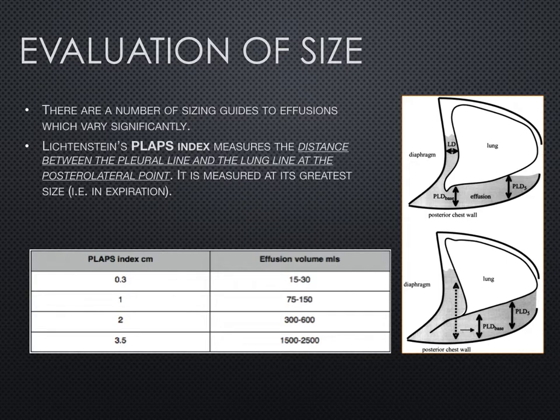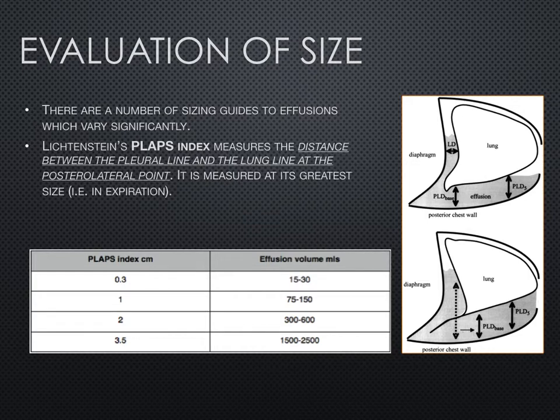whether that is from the diaphragm to the base of the lung that you're seeing, or if that's a larger effusion and you're looking laterally up the chest wall and you don't have the diaphragm as a guide, you could measure from the chest wall to the pleural line that you're seeing within that rib space.